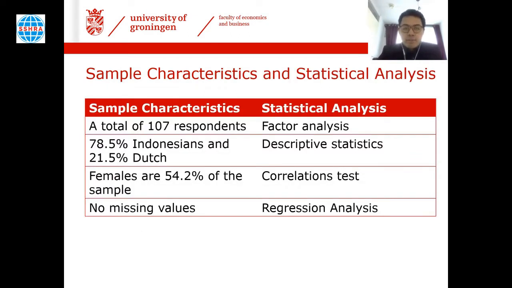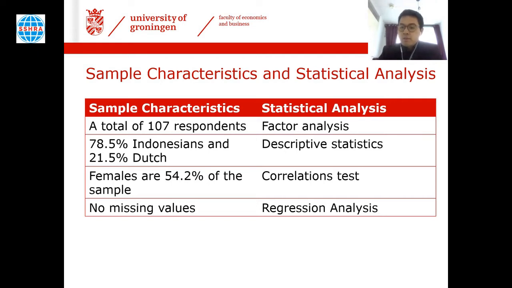So as for the sample characteristics that I've gathered from my study, there's a total of 107 respondents. 78.5% of the respondents are Indonesians, and the rest are Dutch. Females consist of 54.2% of the sample, and moreover, there are no missing values found in the sample.